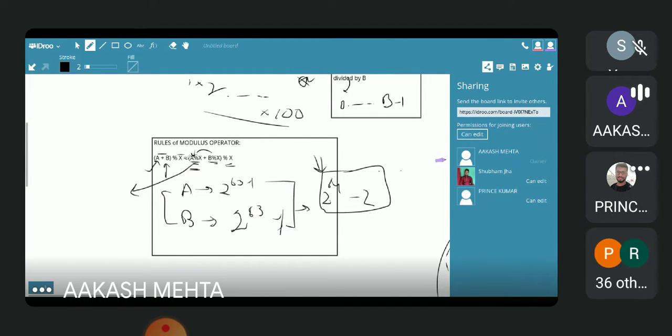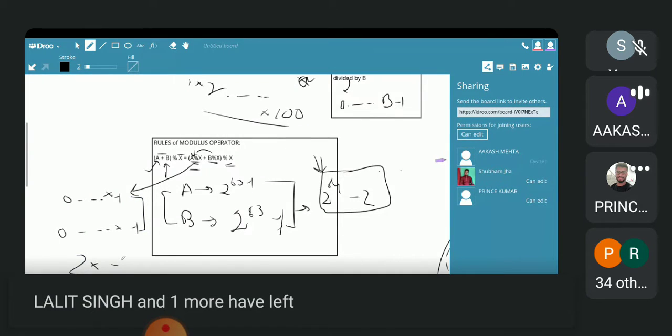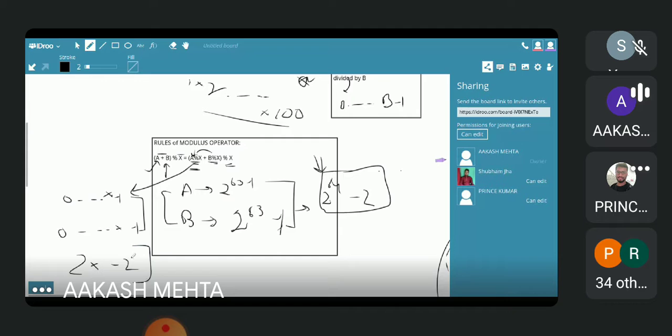Now a modulo x is something between 0 to x minus 1, and b modulo x is something between 0 to x minus 1. Then you can add both, because even adding this will give you at max 2x minus 2, which, if x is in the range of integer, 2x will be in the range of integer if it doesn't touch our boundary line. Then you can compute something modulo x.